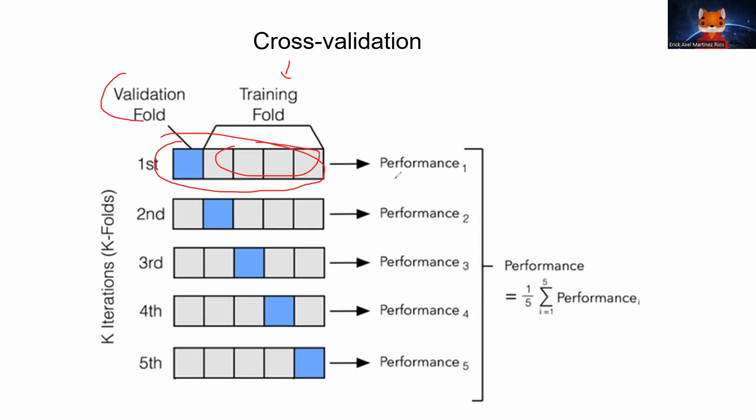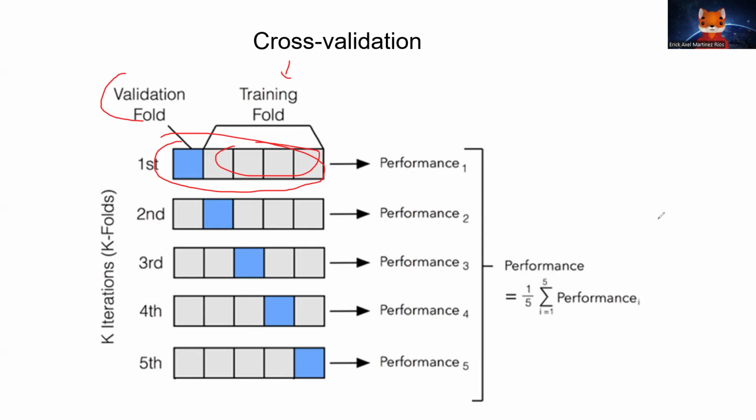So in each iteration of this process of training and validating the model by using different subsets of the data, I will be computing the performance on the blue square, that is the data set used for validation, and I will be repeating this process many, many times. And at the end, I will be averaging the results. In this way, I can have an estimate of the performance of the model that is more reliable.